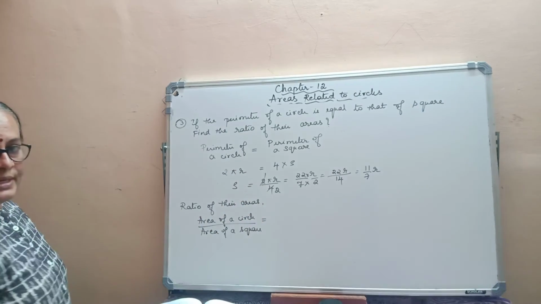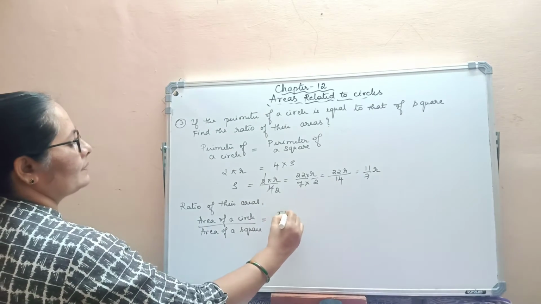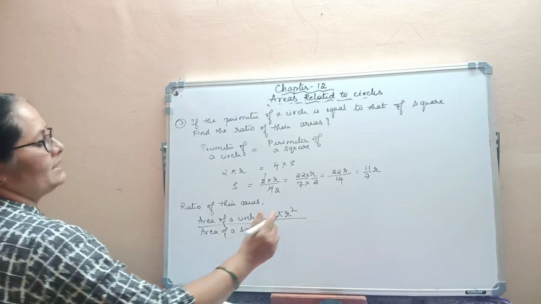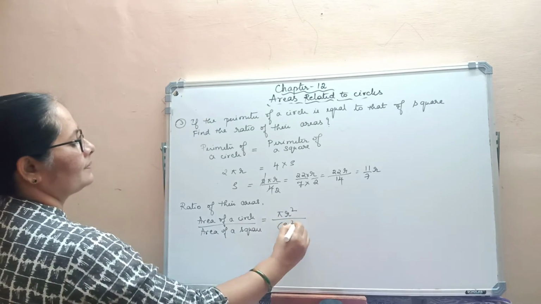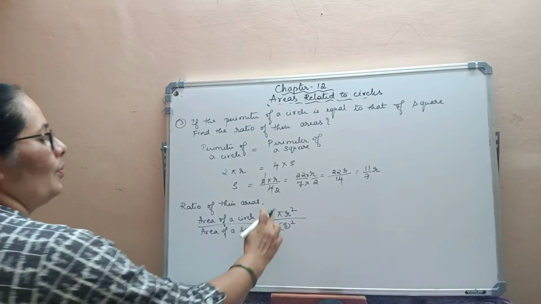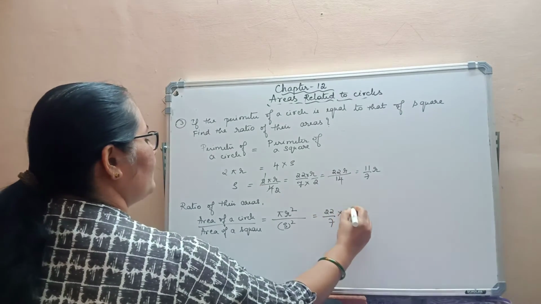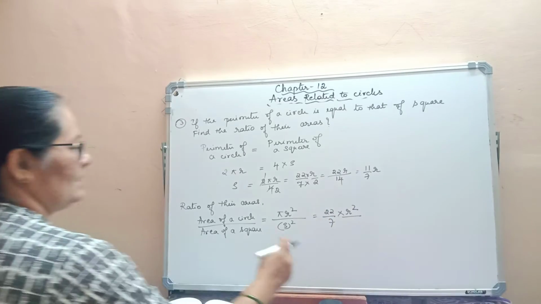What is the area of a circle? Pi r square. Area of a square is side into side. Pi value is 22 by 7 r square divided by side square.